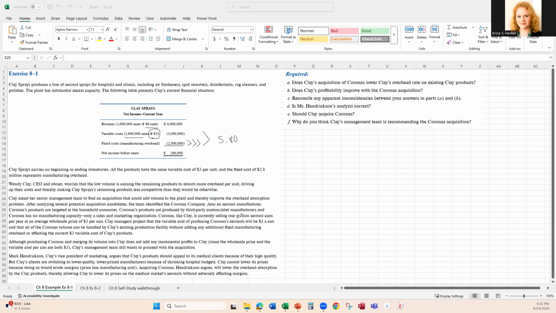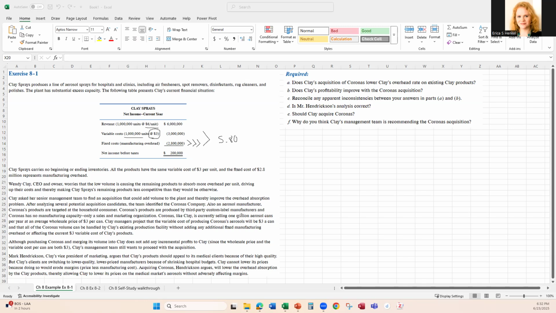So having a low volume like this that's eating up your overhead when you have excess capacity means that the best way for you to make more money is to find ways to expand usage of that existing capacity, so you can distribute those fixed costs over a larger number of units.